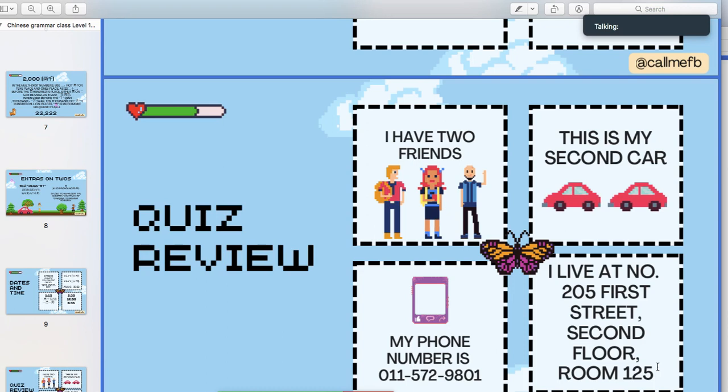So any questions on numbers? Because that was the last slide on numbers. Phone numbers and room numbers, and years, we say them one by one. Yes, true. But unlike years, where one stays yi, it changes to yao in phone numbers and room numbers.